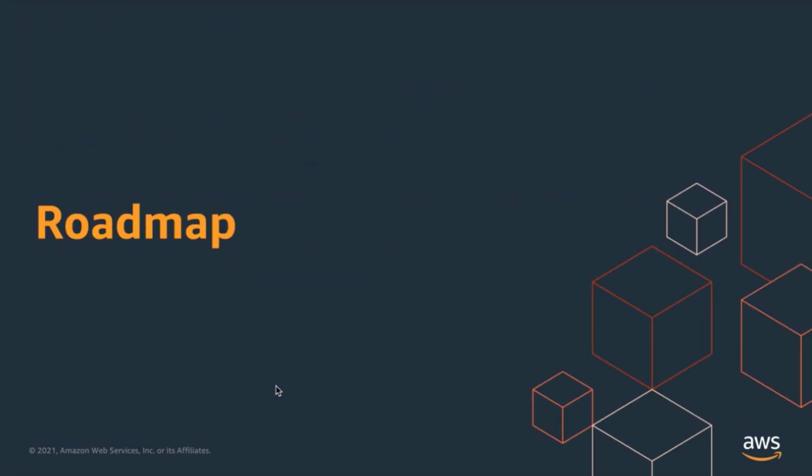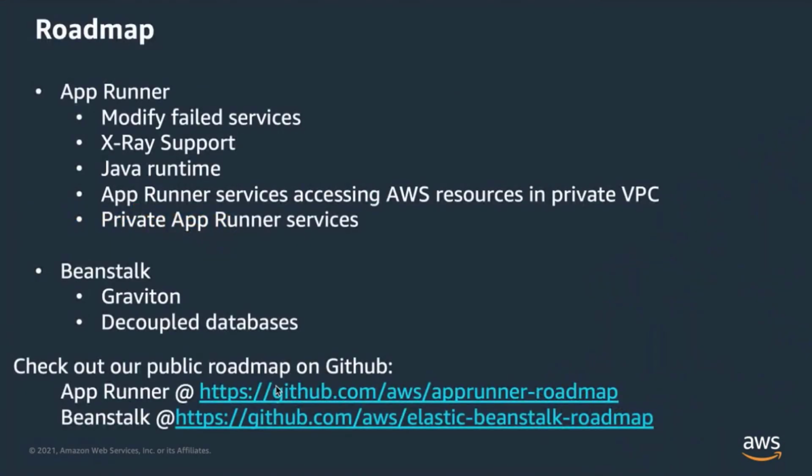So now that we've taken a look at what App Runner is, what Beanstalk is, what the differences and the similarities are, let's take a look at the roadmap. But first, before I walk through the features, I want to say that both our roadmaps are on GitHub. It's a public roadmap. We get a lot of feedback from customers.